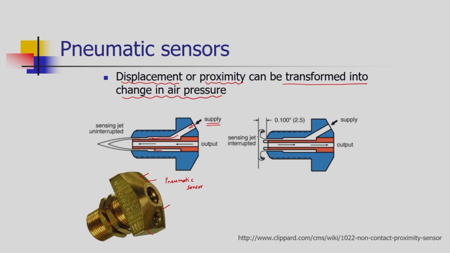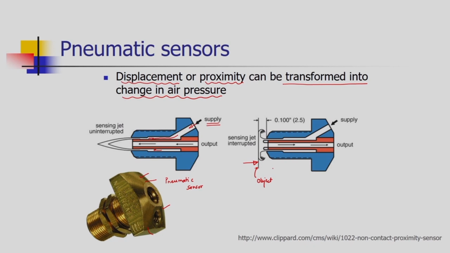So when the obstruction comes to the passage of air through the supply port, consider some object has come near to the end of the supply port here. So this is the object. This object will obstruct the flow of compressed air which is coming out from the supply port.